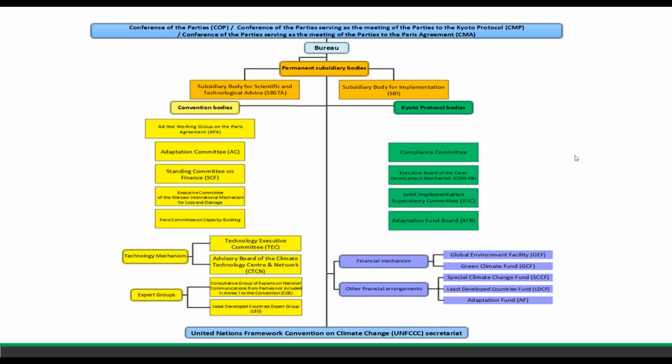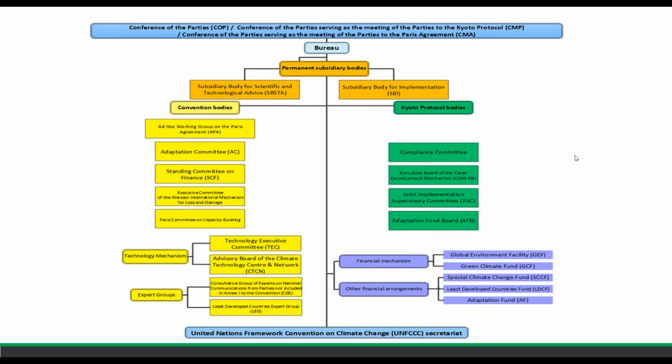So you have the subsidiary body for implementation, which deals with a lot of the setting up tools and guidelines and processes for the actual implementation of aspects of the agreements, whether they're related to adaptation, gender issues you find under the SBI, for example. And we'll go through a little bit what's on the agenda under that.